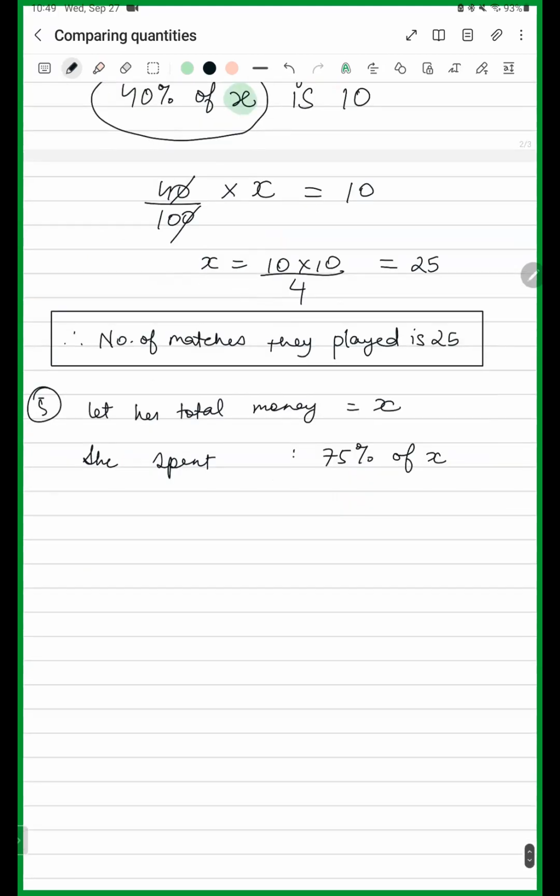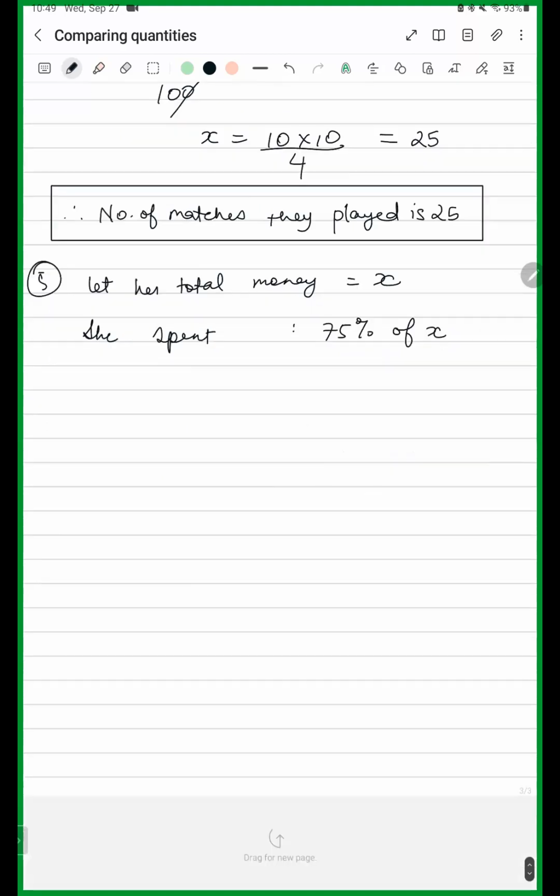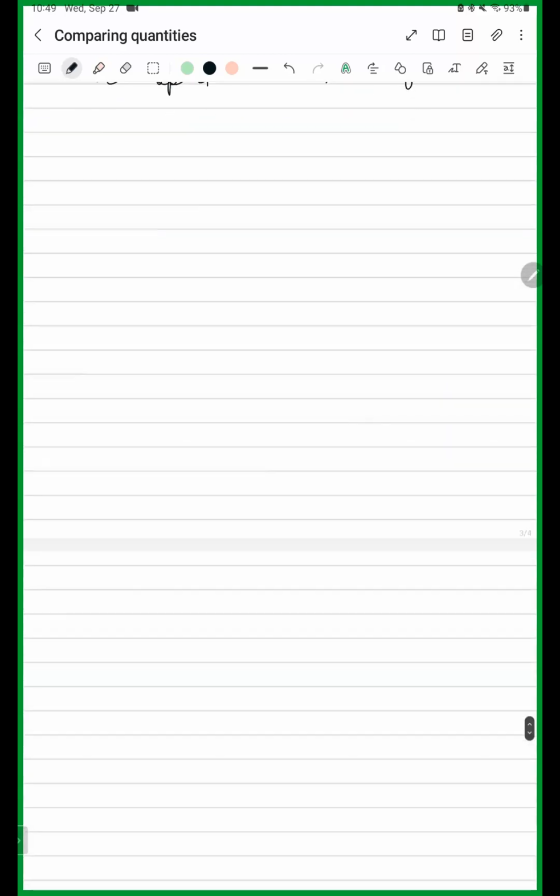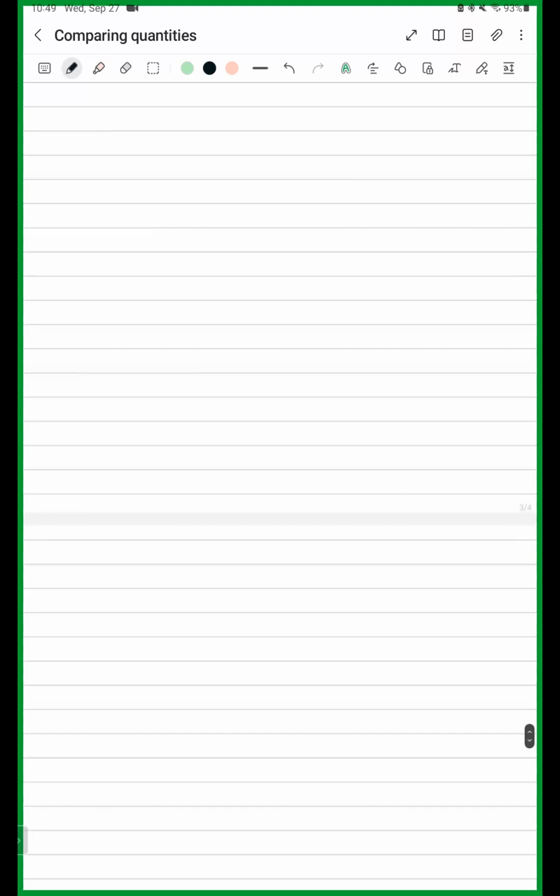If you just forget about this girl Chameli, right now think about Hiba. Hiba had 100 rupees that she received as Eid money, let's say. Then she spent 75% of it, buying chocolates or whatever it is.